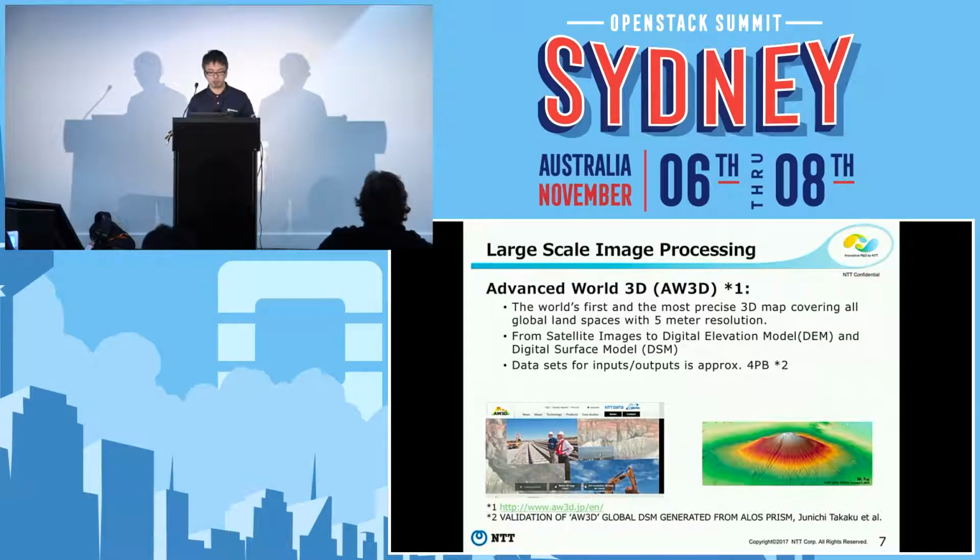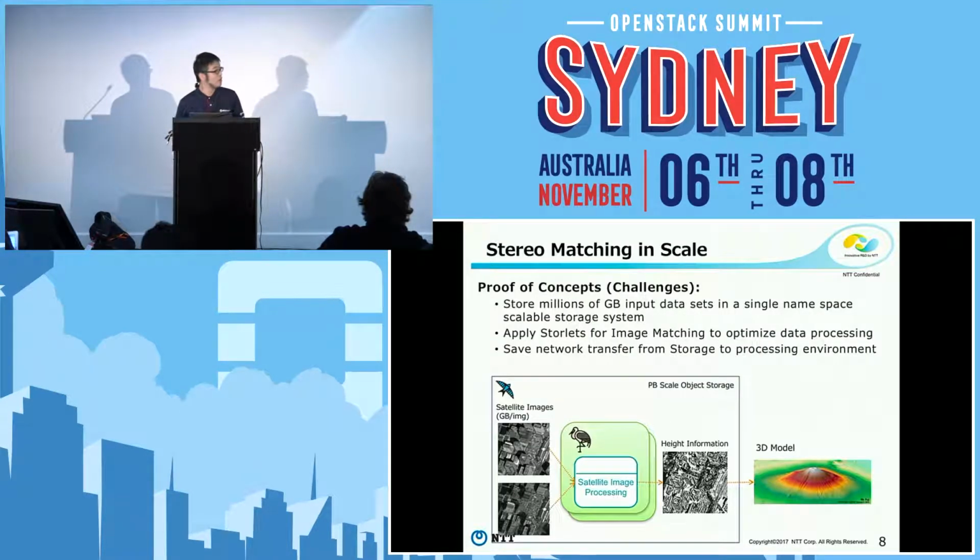Mainly, the 3D data consists of either a digital elevation model or a digital surface model. To create a high-resolution worldwide 3D map, they need to process tons of satellite images that will reach approximately 4 petabytes in total.